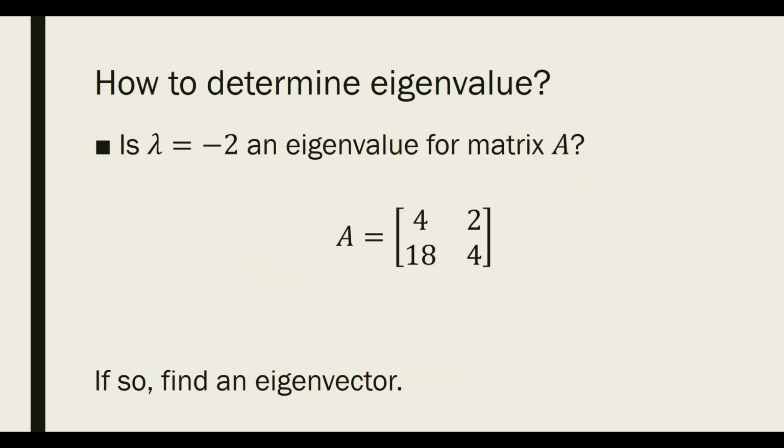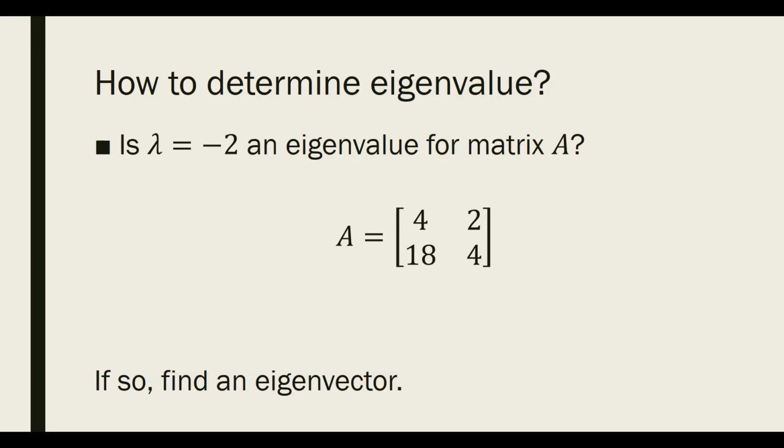Now the next type of problem in 5.1 asks, is a certain value, is lambda equal to -2, for instance, an eigenvalue for the matrix? If so, can we find an eigenvector?